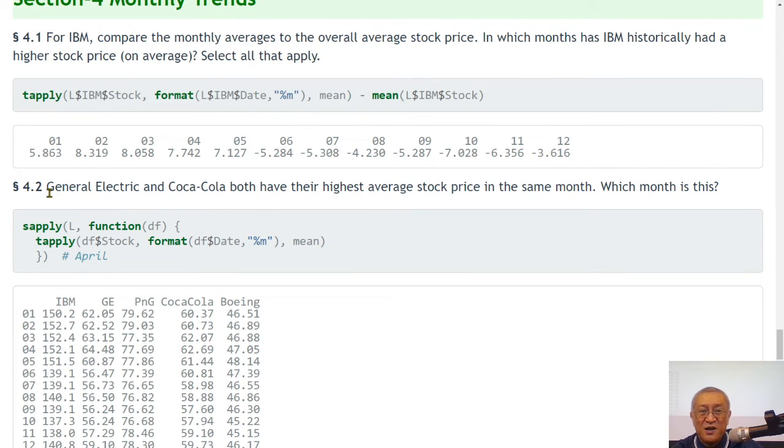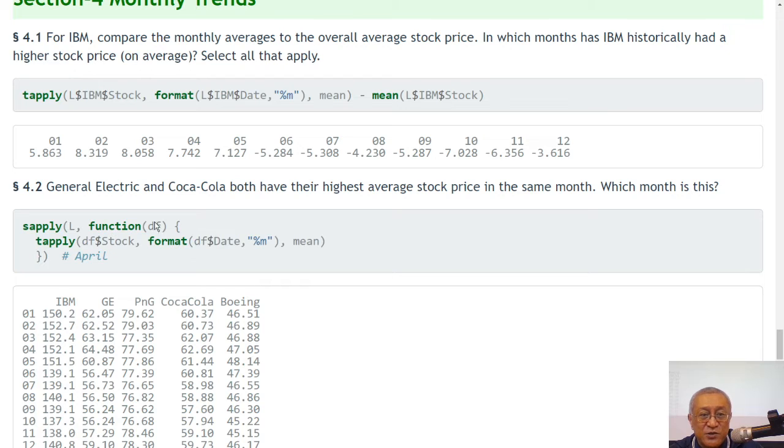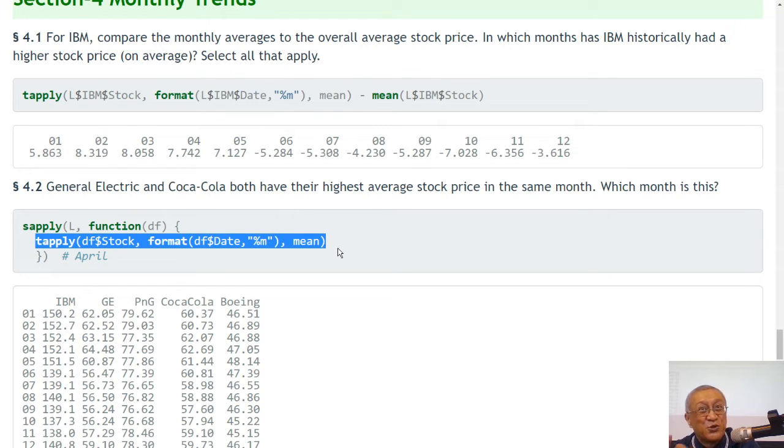Now, this is another way that you can use apply, right? See, in this one, I actually do a T apply, right? So to answer this question, I actually use two apply functions. Now, in this T apply, we have done it a lot of times already, right?